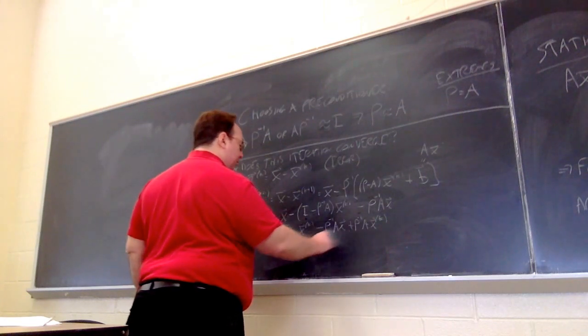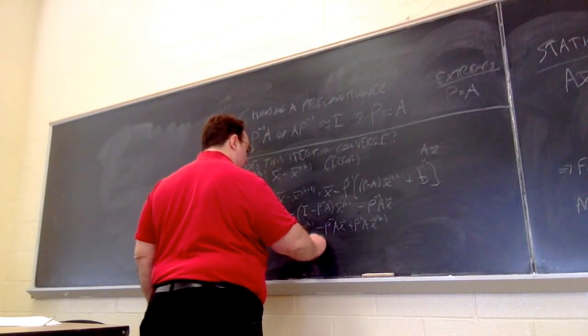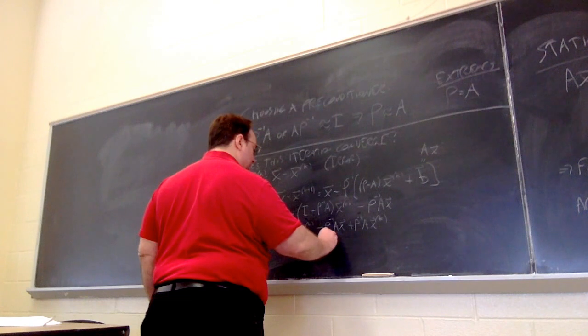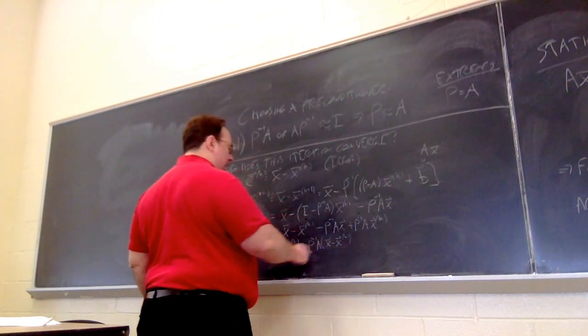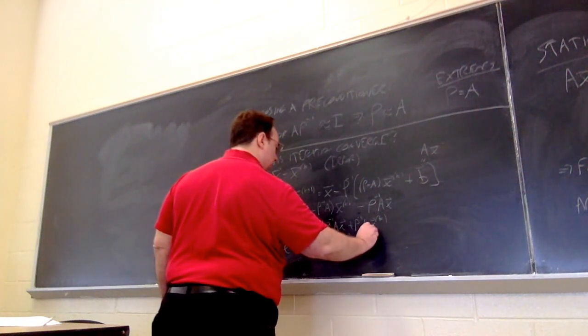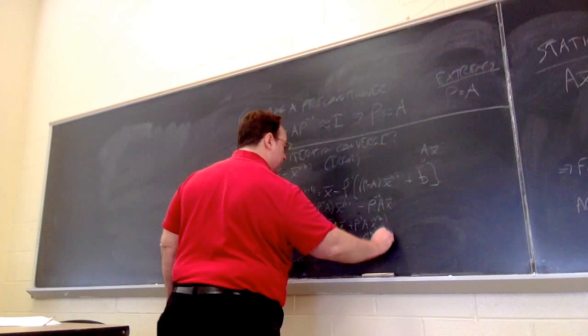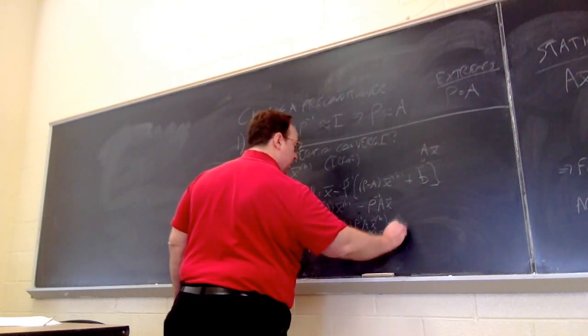And then in these terms, I'm going to factor out P inverse A, and what I'll get is X minus xk. But that's ek again. So I have ek minus P inverse A ek.